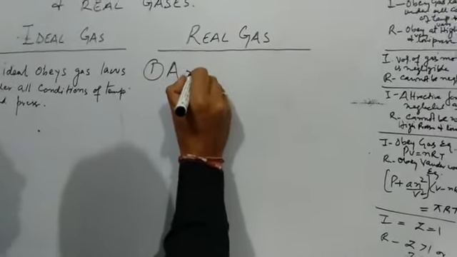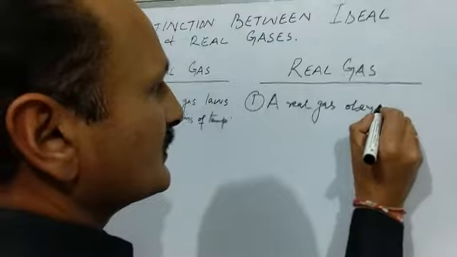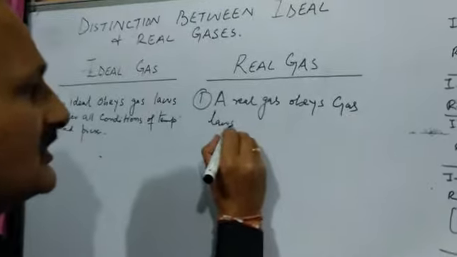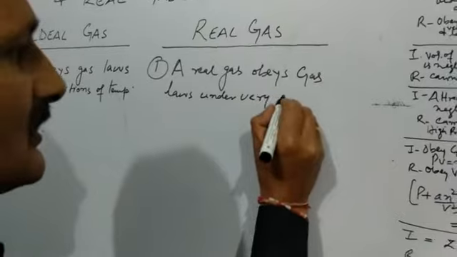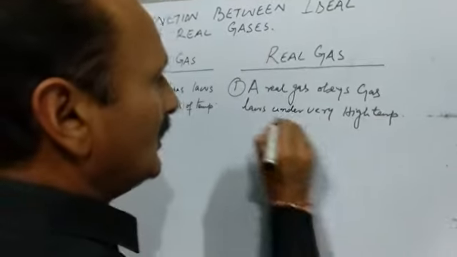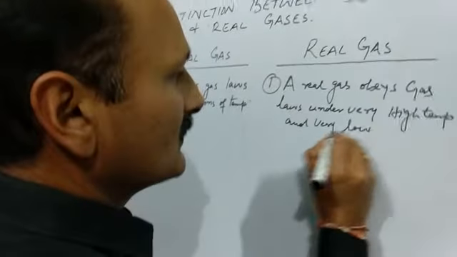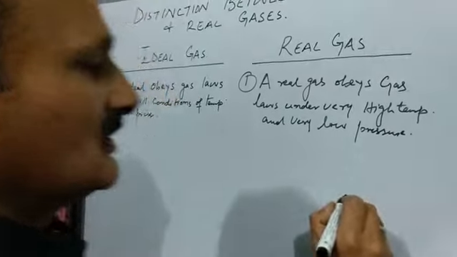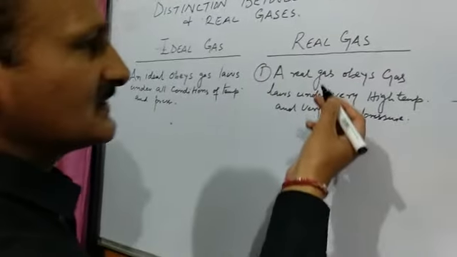A real gas obeys gas laws, but under some conditions: under very high temperature and very low pressure. When such a situation is provided, then our real gases obey the gas laws.